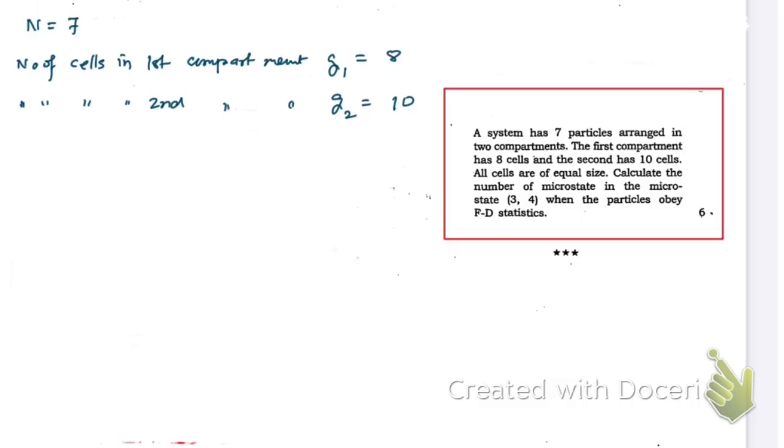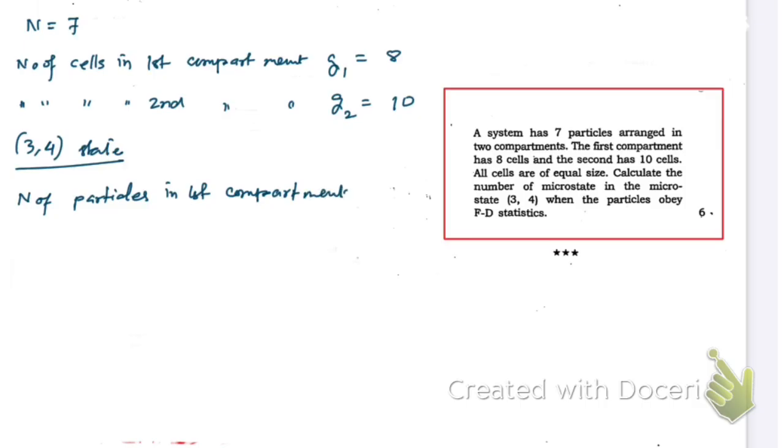And this (3,4) microstate means that the number of particles in the first compartment, N1, is equal to 3. This is N1, this is N2, right?